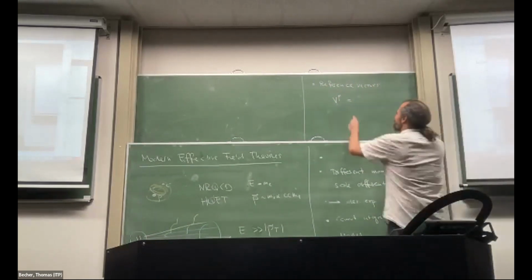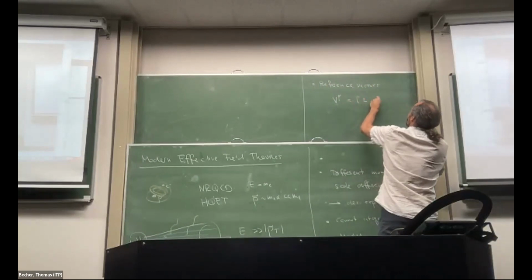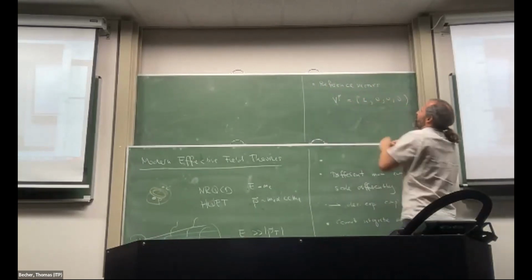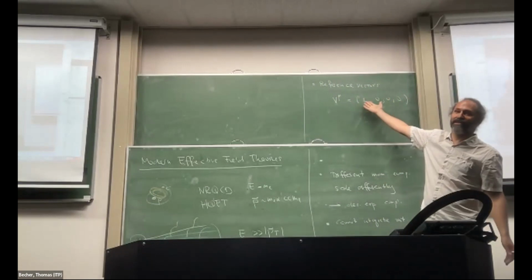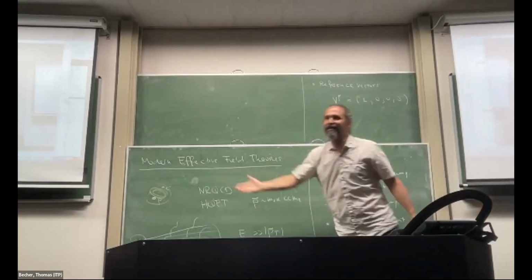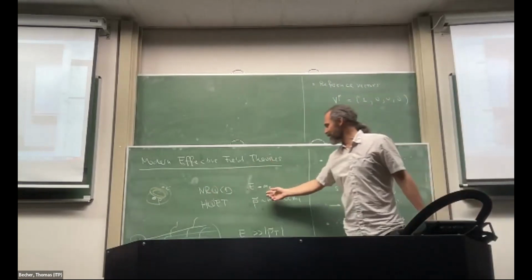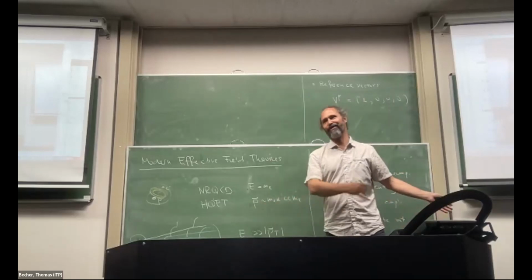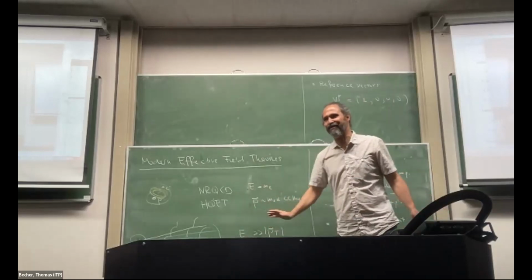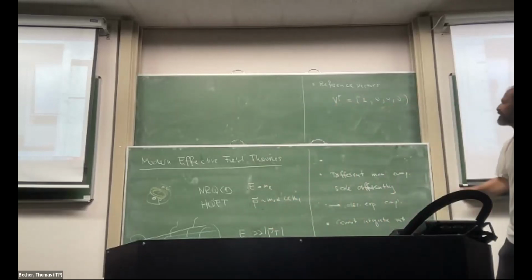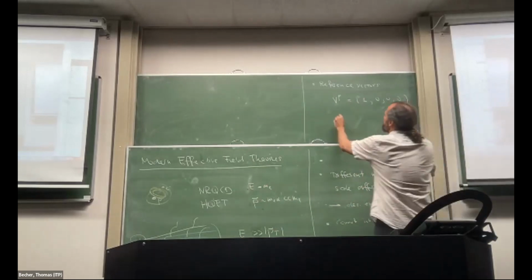So you will introduce some reference vector, and say this is the vector for the rest frame. And in this frame, the energy is large and the momentum is small. Of course, if you would do a very hard boost, then everything would be large and you wouldn't know how to organize. So you encounter these reference vectors.